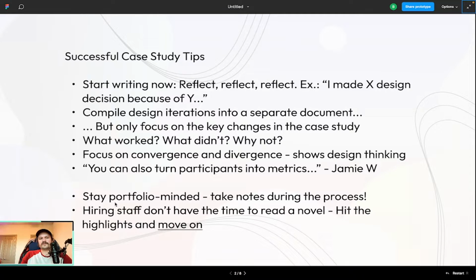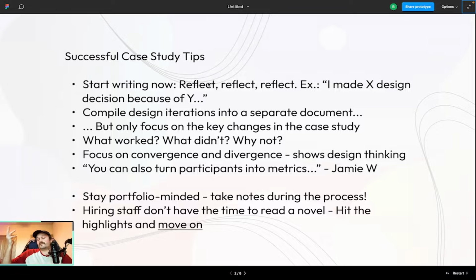And so the penultimate bullet point here is stay portfolio minded, which has sort of been the theme with this last little bit of me speaking here. Everything that you do, every design decision that you make, every sketch that you write out, all of your UI patterns, decisions, anything you put pixel to screen, these have a potential to end up on your portfolio.